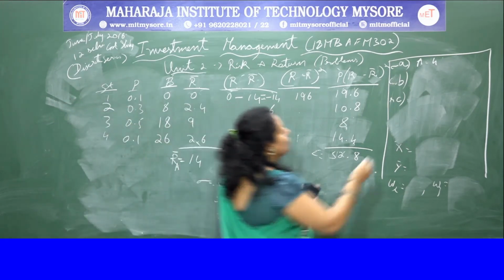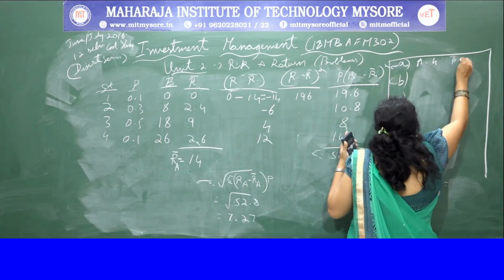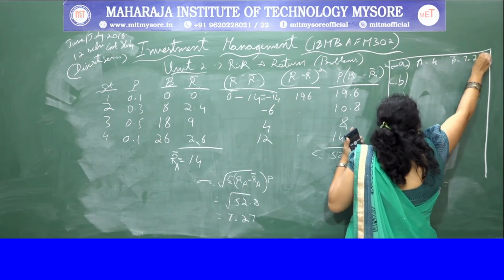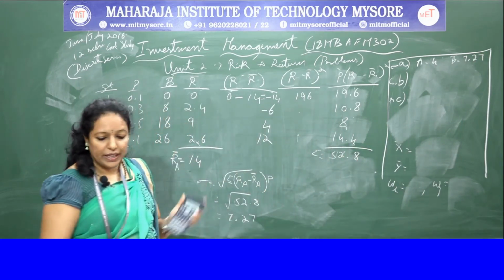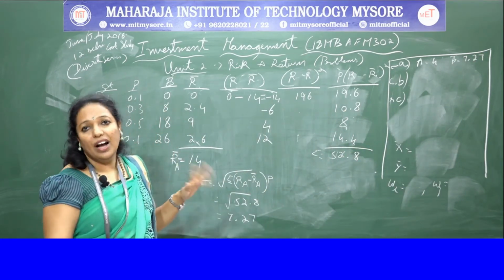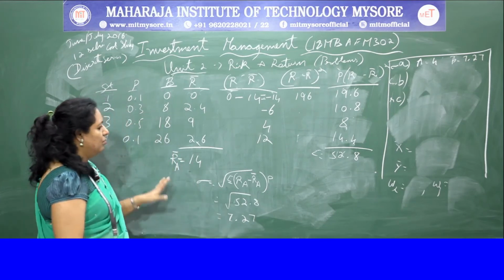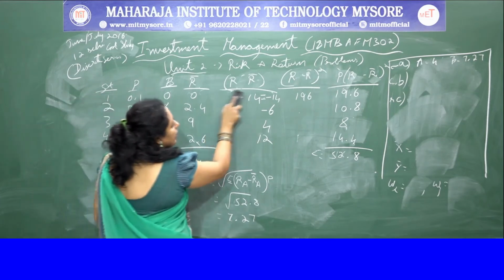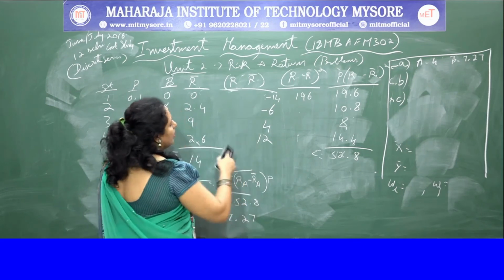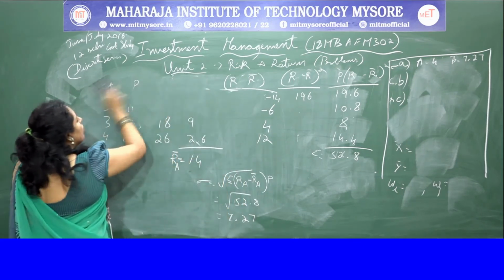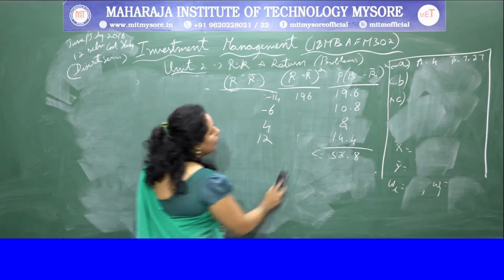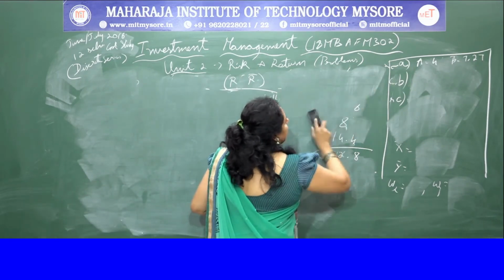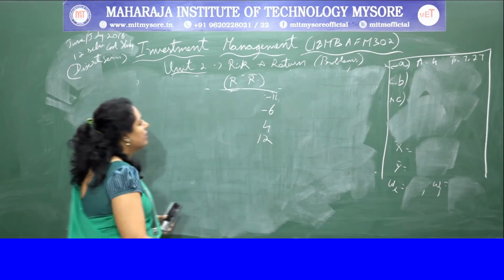Okay, so I'll write the answer for this too. B, the answer is 7.27. And we have to do covariance and we have to do R. Okay, so for covariance, we need to retain this. Then we can erase all other stuff. And we have to recall what we have done for A, RA minus RA bar.